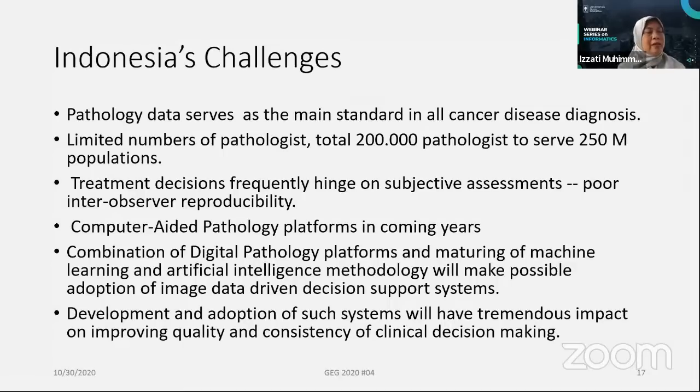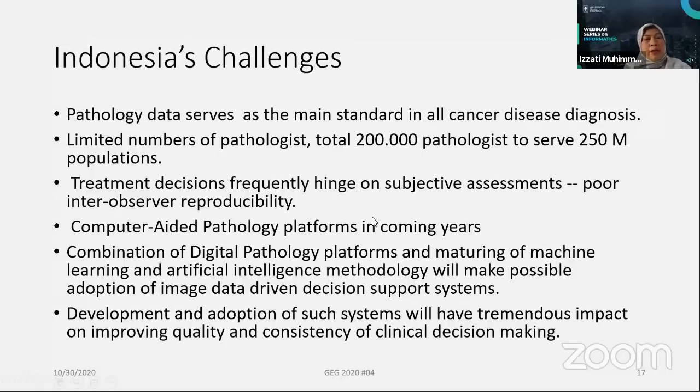So we ask pathologist A to read, and then pathologist B to read on a different day, and then on another day pathologist C. We can see there are some discrepancies in the assessments they wrote in the report. So in that situation, we find that the inter-observer reproducibility is also poor.